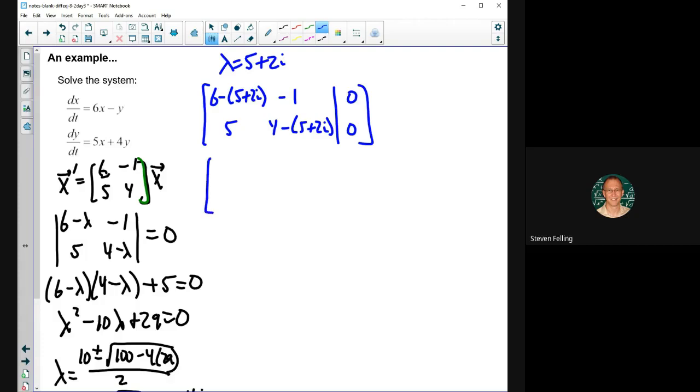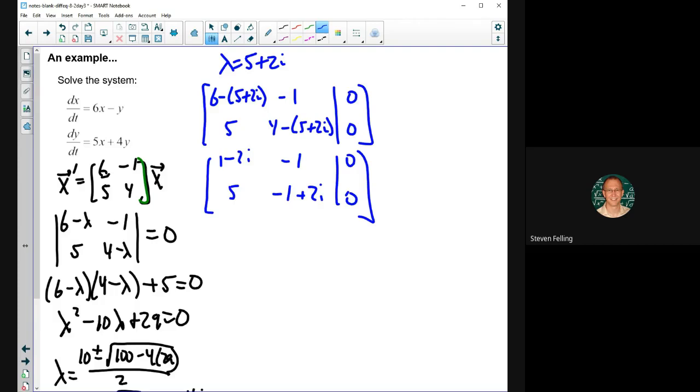Instead, we're going to say, okay, 6 minus 5 is 1, right? And that's going to give me 1 minus 2i here, and -1, and 5, and then 5 minus 4 is -1 plus 2i.